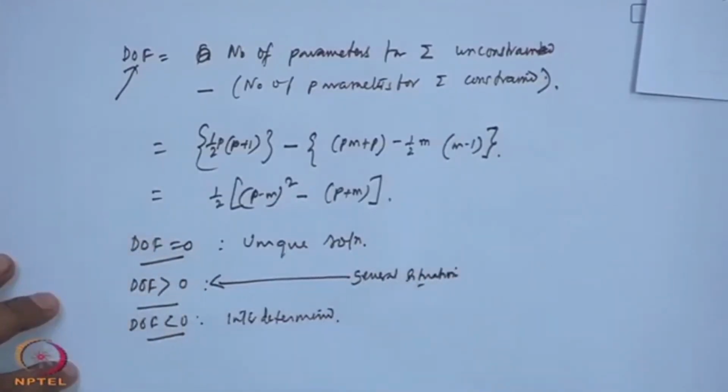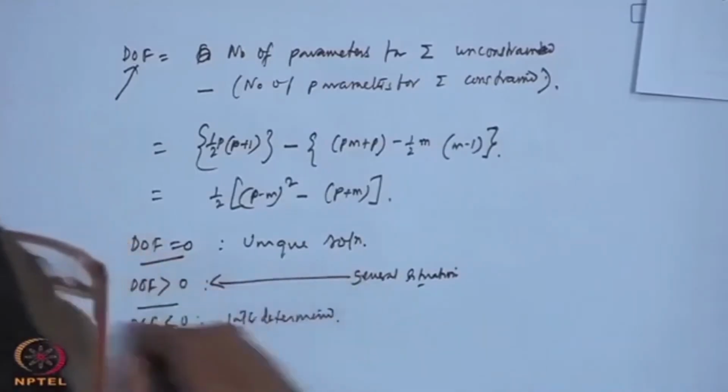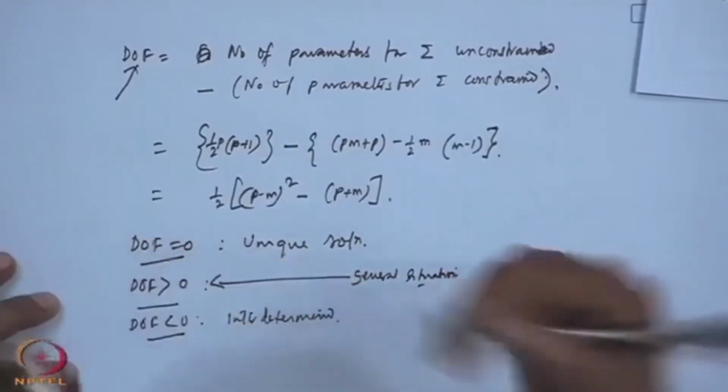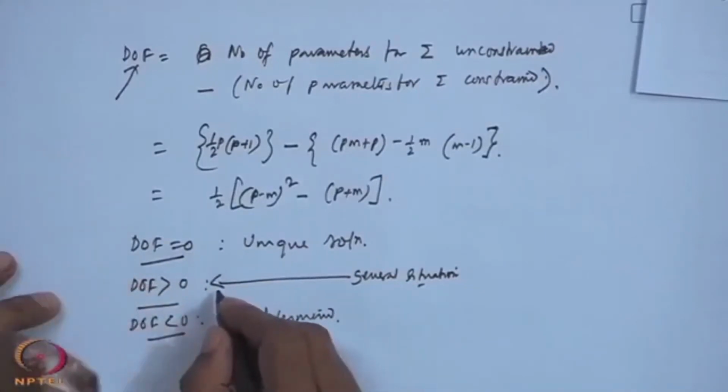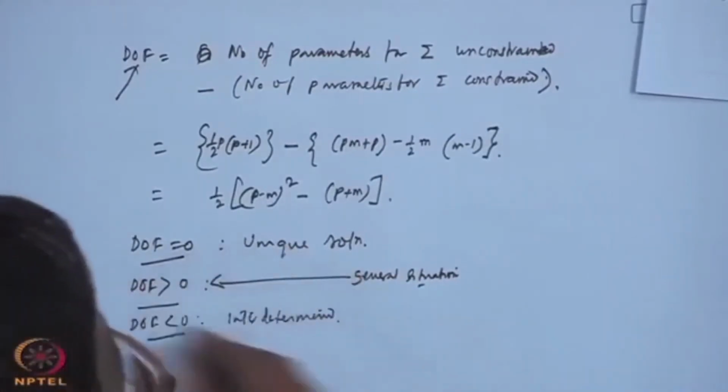So we will be getting a large number of solutions, because there is no unique solution in this case, and it is an overestimation situation.